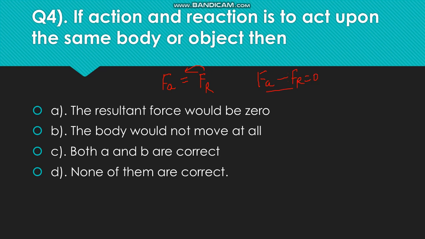So your resultant force would be 0. As the resultant force is 0, the body will not move, because no net force is acting on the object. Hence both options A and B are correct. C is your correct option.